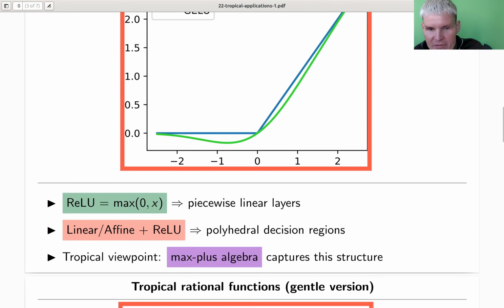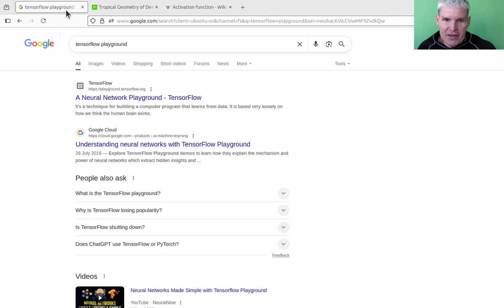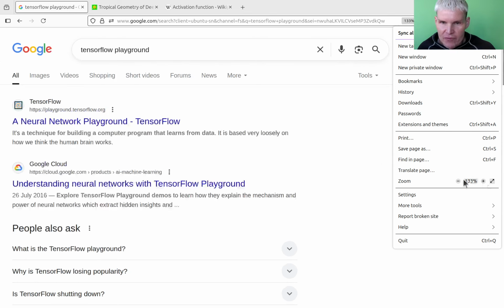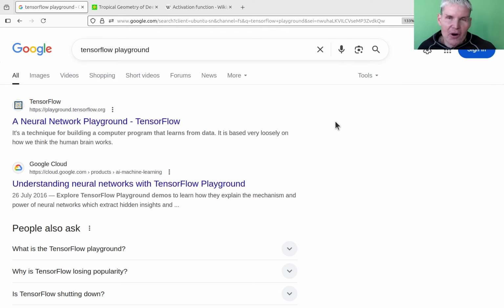We want to rephrase this in a max plus algebra setting, because tropical geometry, polyhedra, piecewise linear functions, that is what tropical geometry is all about. And let me just show you why you want piecewise linear functions. The best way nowadays to think about, talk about, or learn about neural networks is the TensorFlow Playground.